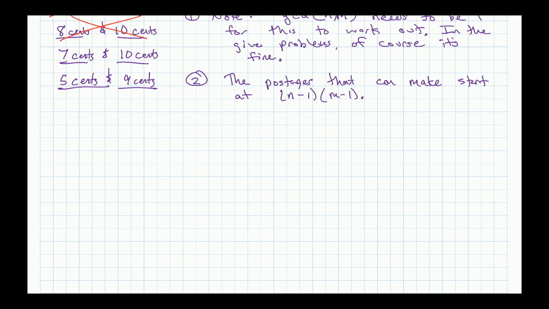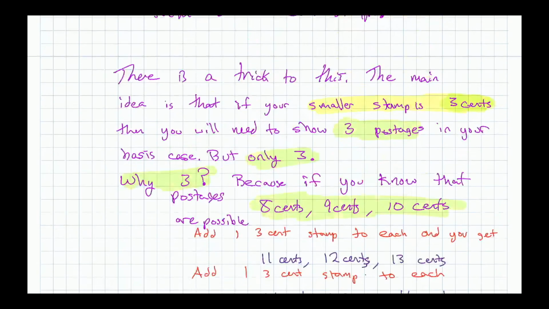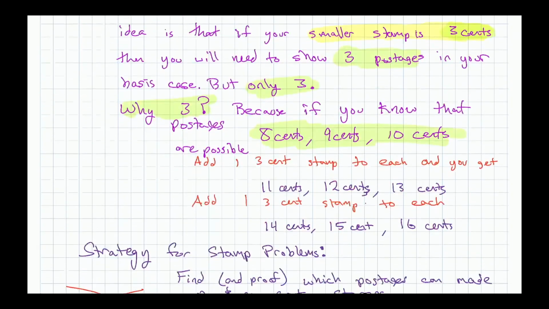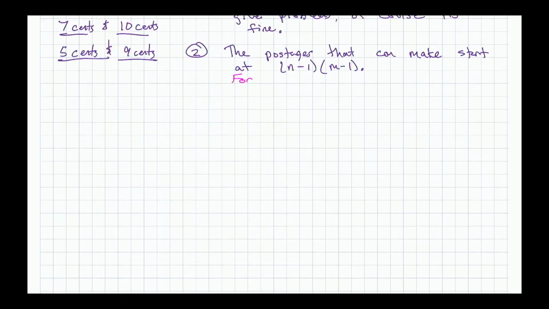Let's do a concrete example. So for what did we have? Did we have 3 and 5? Is that what we were using? Yeah, 3 and 5, right? So for 3 and 5 cent stamps, it was 3 minus 1, which is 2, times 5 minus 1, which is 4. You multiply that out and you get 8.